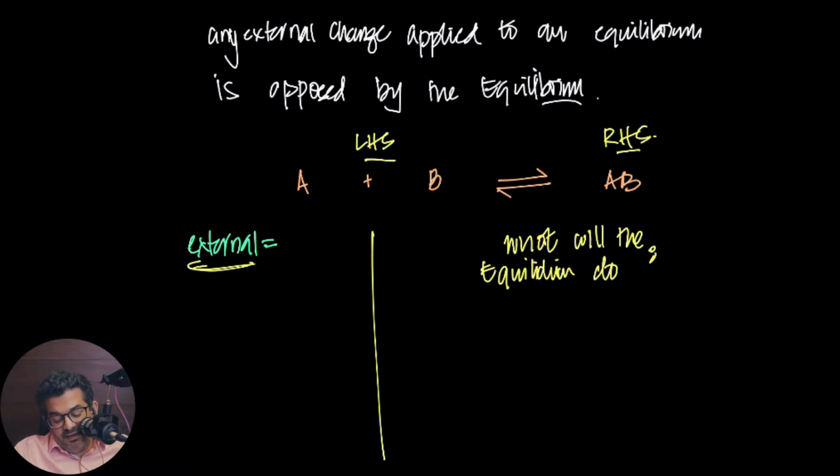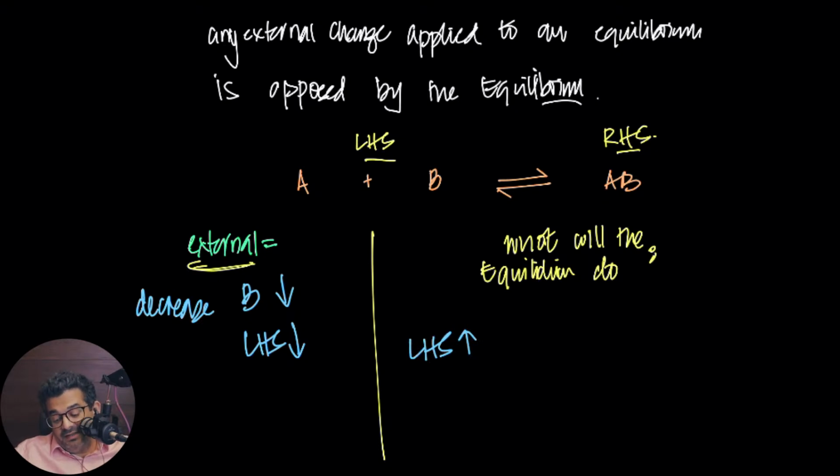So now let's say I'm going to go to this equilibrium and I'm going to somehow decrease B. So when I decrease B, what am I doing? I am decreasing my left hand side. Now what will the equilibrium want to do? It'll want to do the exact opposite. It'll want to increase left hand side.